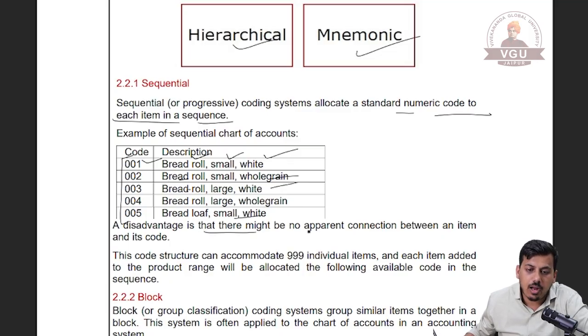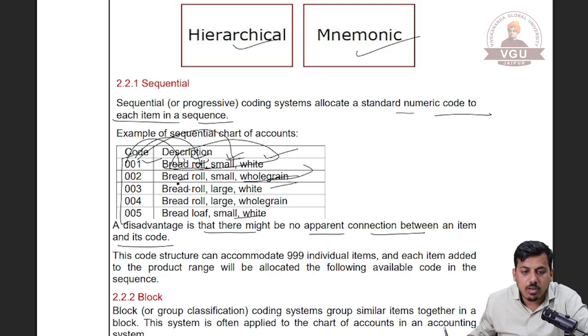The disadvantage is that there might be no apparent connection between an item and its code. So 0 is not related to bread, 0 is not related to small, 1 is not related to white. This is the code which is given to bread roll small and white, and the second code, 002, is given to bread roll small and whole grain.